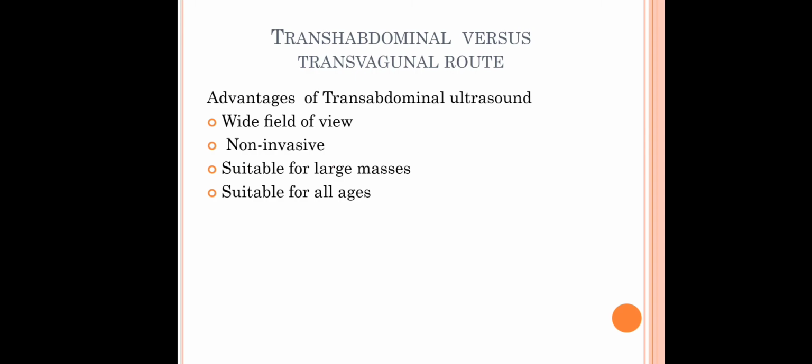Now we come to the advantages and disadvantages; we will summarize the advantages and disadvantages of transabdominal and transvaginal. The advantages of transabdominal ultrasound: it gives a wide field of view, it is non invasive, suitable for large masses that rise above the pelvis, and suitable for all ages, meaning virgin or not virgin.